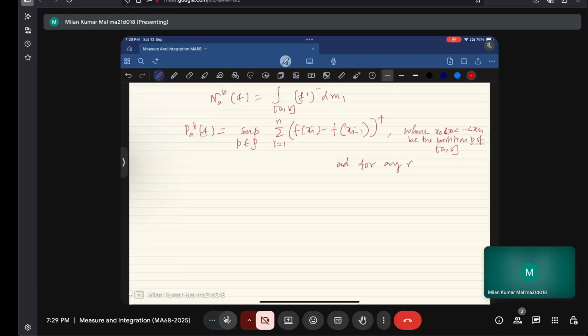For any real number r, r plus is equal to the maximum of r comma 0, and r minus is equal to minus the minimum of r comma 0.